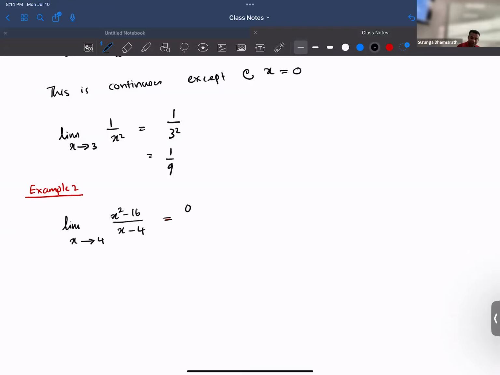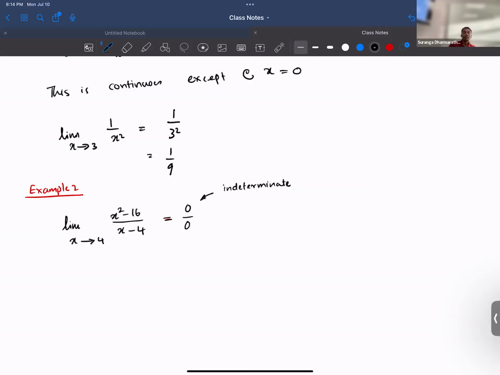And the denominator is 0 too. Now the problem: 0 divided by 0 is something that's called indeterminate.